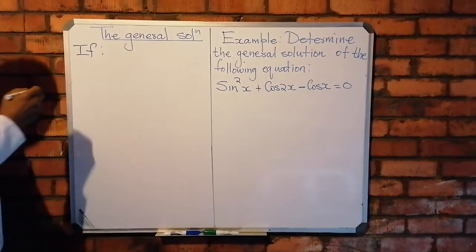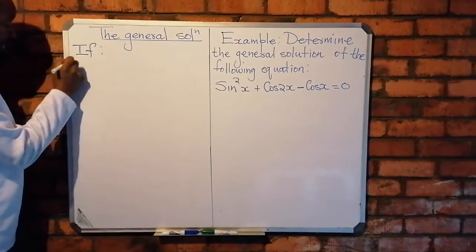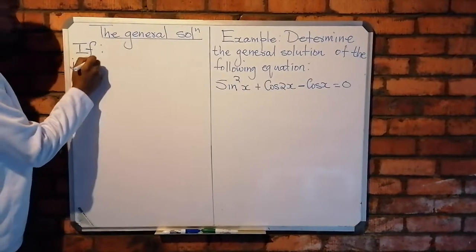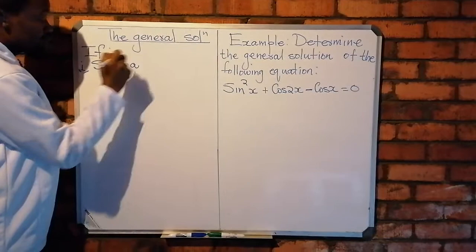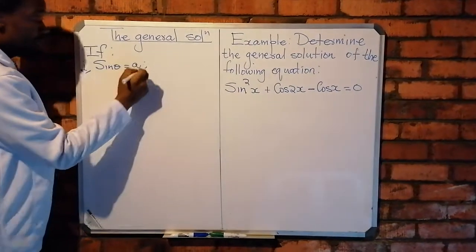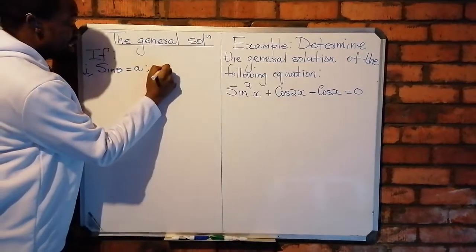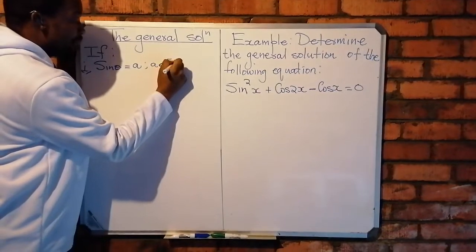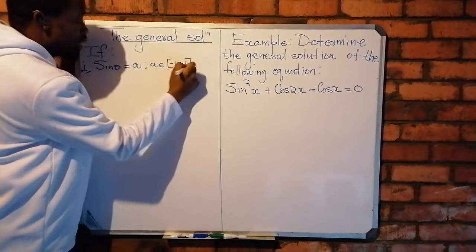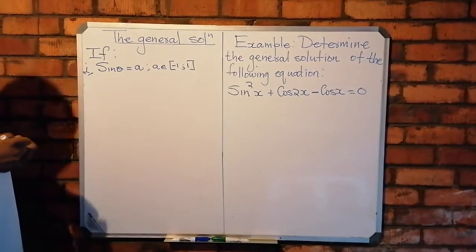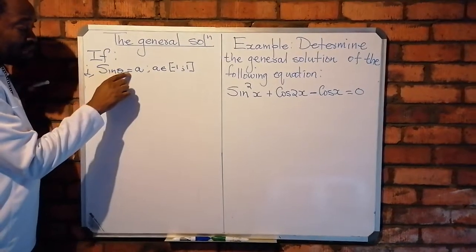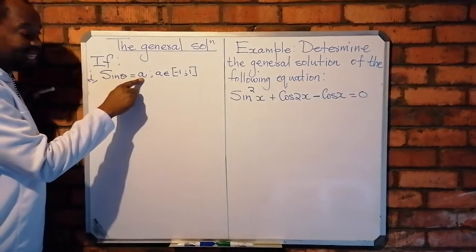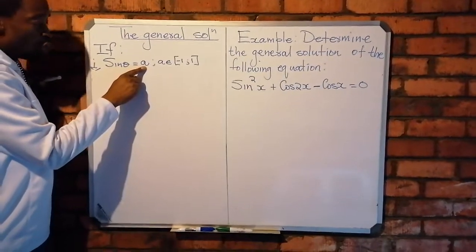Now, in the general solution, you must remember that if, let's say number one there, sine theta is equal to A, where A is between -1 and 1, I want to explain this. That is sine of an angle which is equal to A. A is the ratio.